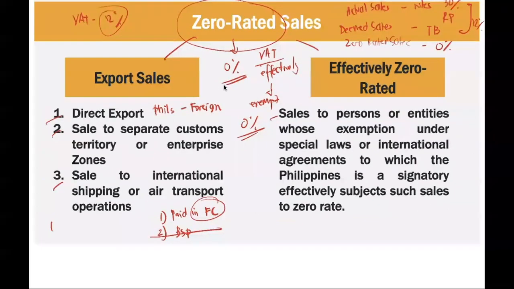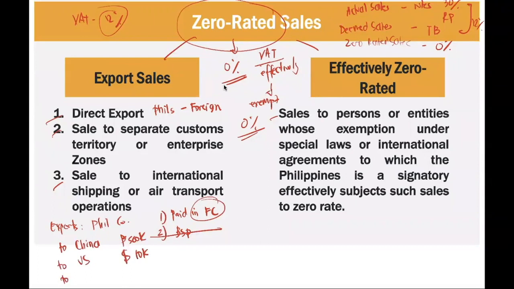So the following are exports of a Philippine company. Let's say the following are exports of a Philippine company. To China, you are paid 500,000 pesos. To the US, you are paid $10,000.